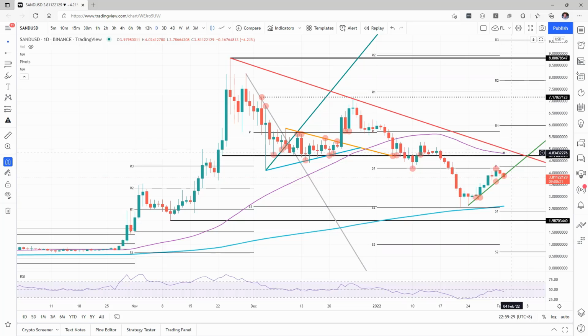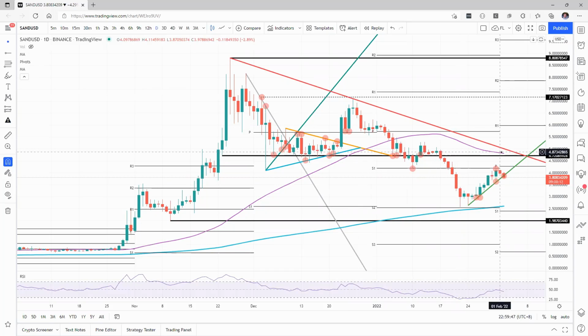Once above there, it becomes a bit tricky because then you have the 55-day moving average and this overall longer term red descending trend line as a sort of double cap, hovering around and probably limiting price action before hitting $5.